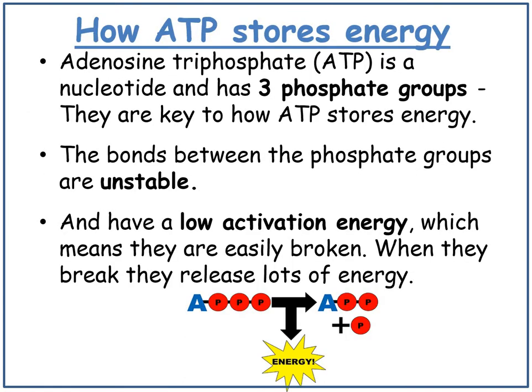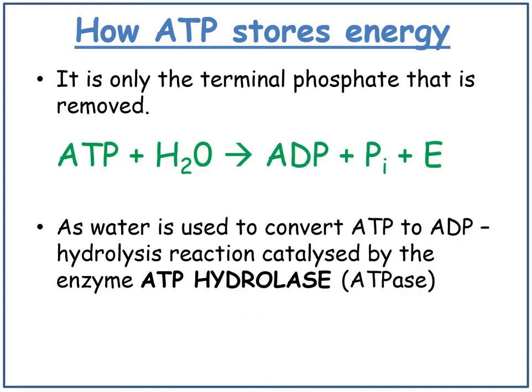How ATP stores energy. Adenosine triphosphate, or ATP, is a nucleotide and has 3 phosphate groups. And the bonds between the phosphate groups are unstable and have a low activation energy, which means they are easily broken. And when they break, they release lots of energy.